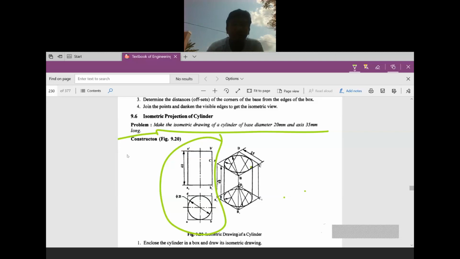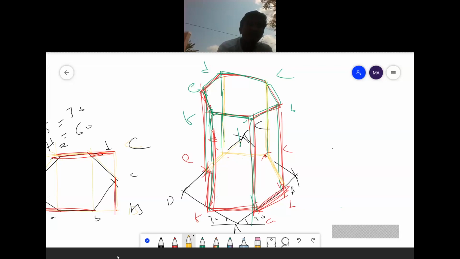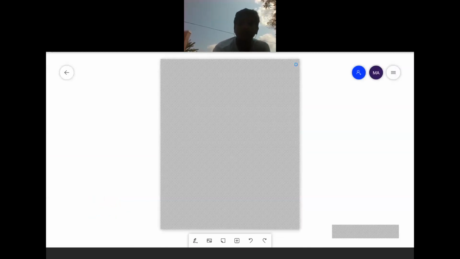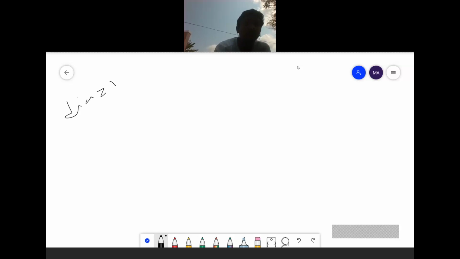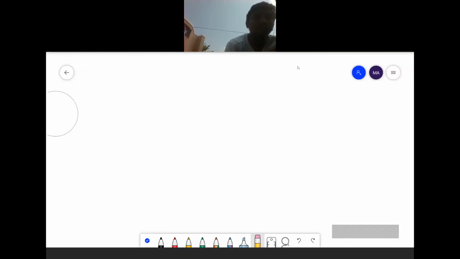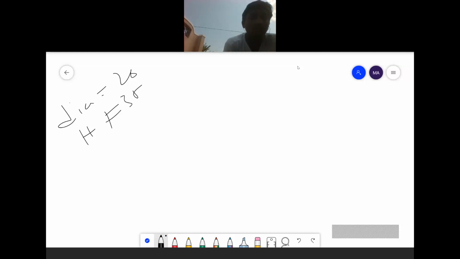Taking a new drawing sheet, diameter 20 mm, axis height 35 mm. So here this is the diameter of the circle, 20 mm.